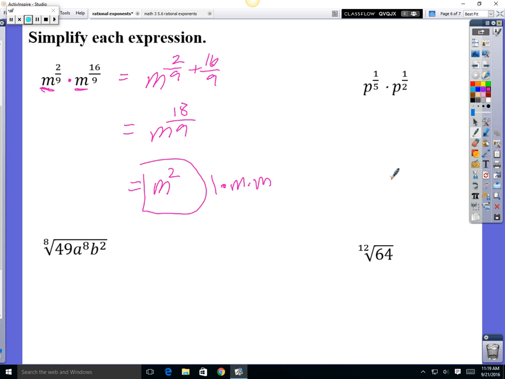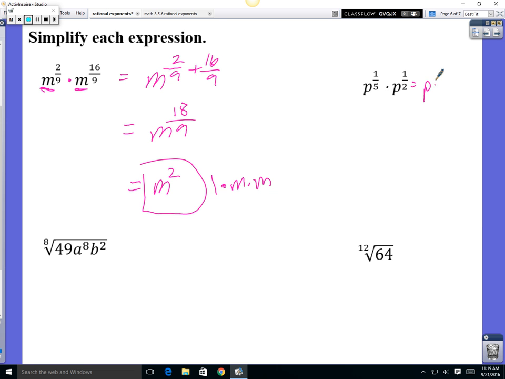Okay, the next one, P to the 1/5 times P to the 1/2. This is not as easy. It is going to be P to the 1/5 add 1/2. Then these are not like terms. Fifths and halves are not like terms. So I need to change them both so that they are measuring by tenths. So I've got to times this by 2 over 2.